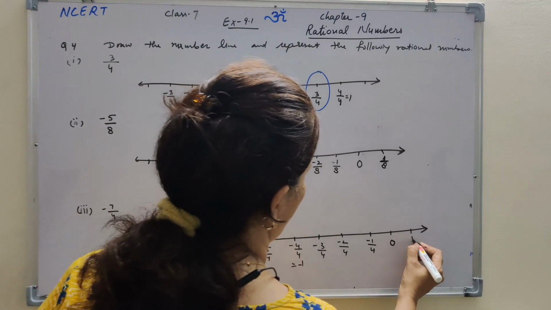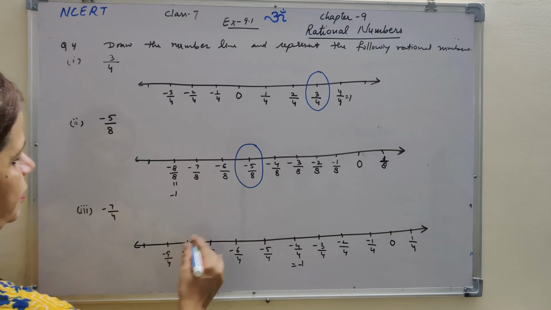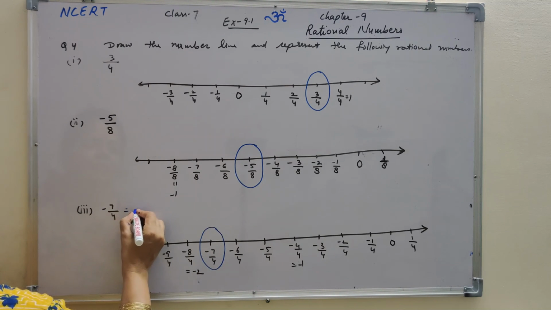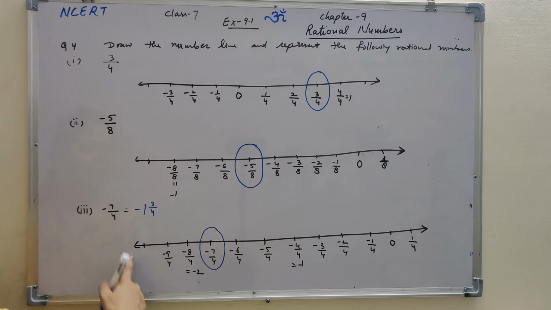But I want only minus 7 by 4, which is here. So this is my minus 7 by 4. And this is basically equal to minus 1 3 by 4. It lies between minus 1 and minus 2.